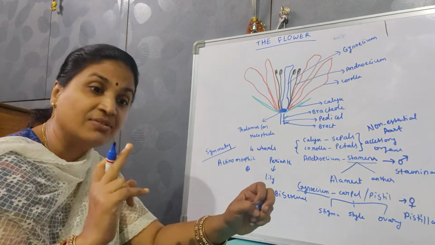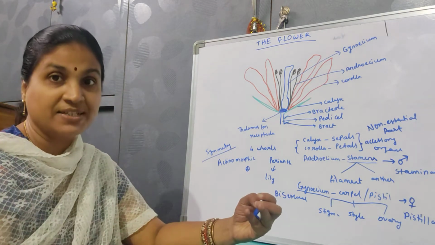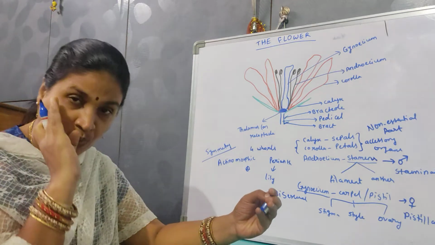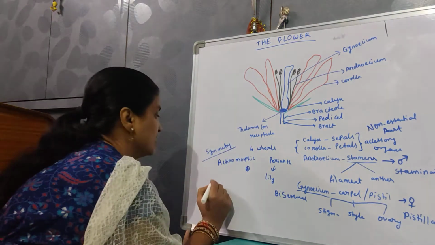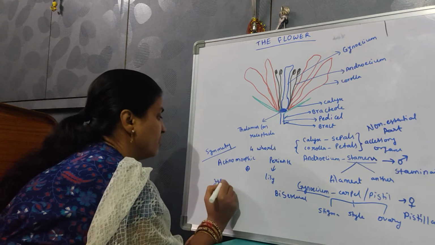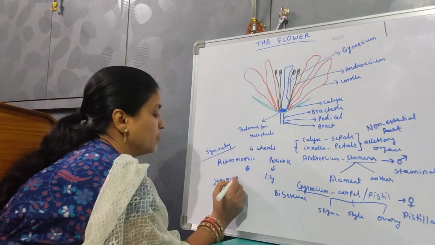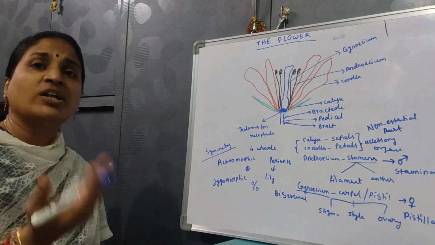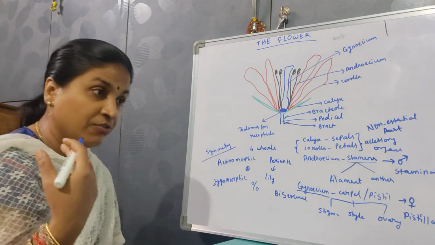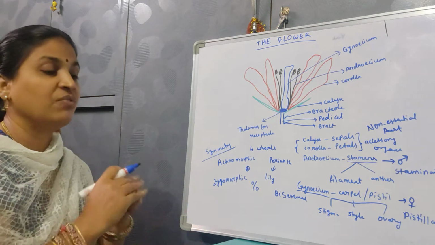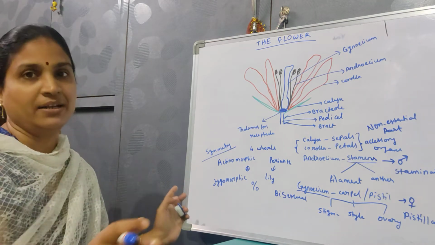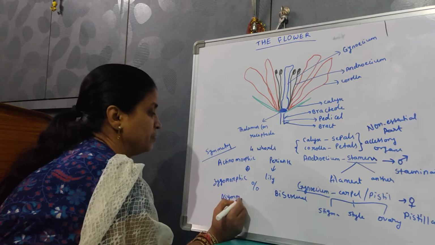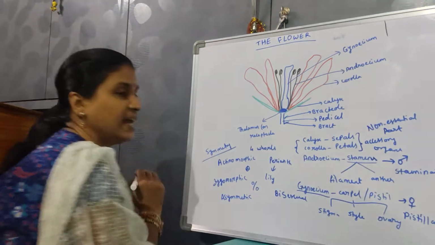If we can cut the flower into two equal halves passing through the center only in one plane, such a flower is called a zygomorphic flower, represented like this. When we cannot cut the flower in any plane into two equal halves, such a flower is called an asymmetric flower.